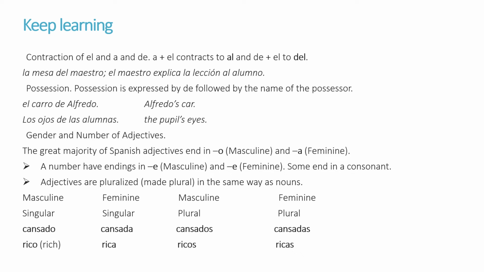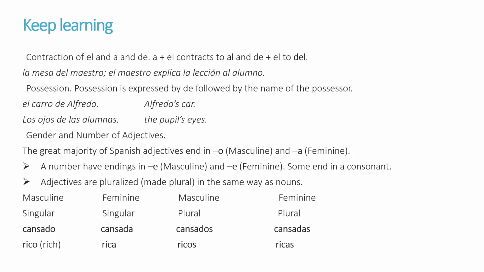A number have the ending e, for both masculine and feminine. Some will even end in consonants. Adjectives are pluralized, made plural, in the same way as nouns, adding the letter s, and adding os or as to the singular form.